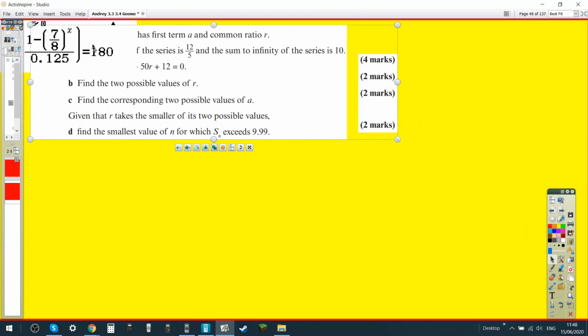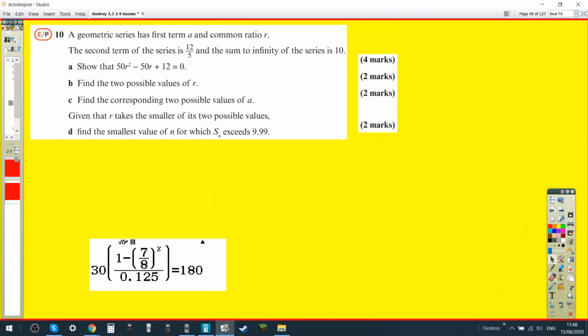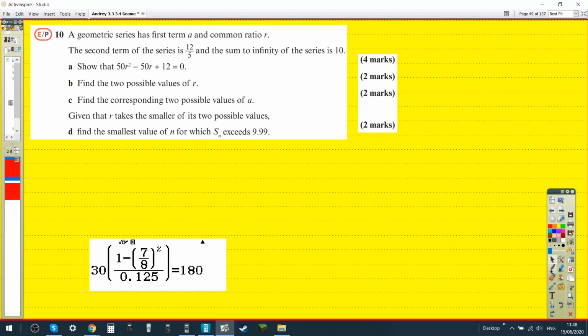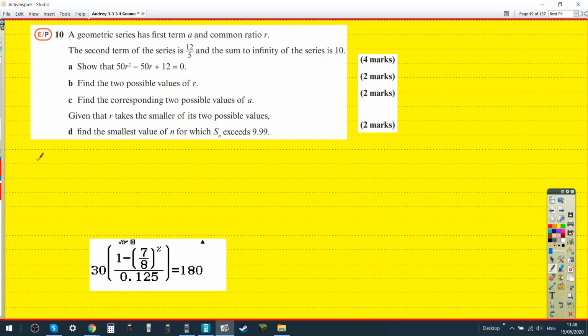Yep. And so R is equal to 12 over 5 over A. Yeah. And that's the same as 12 over 5A.